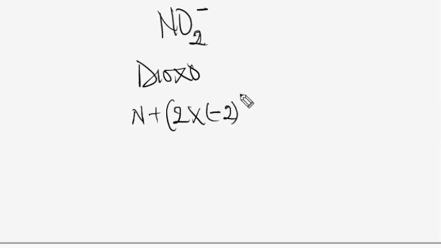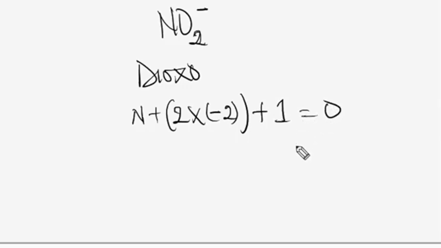Oxygen is -2. Oxygen has a valency of -2. So guys, we are going to add 1 because of the presence of this negative sign here. So +1 is equal to 0.